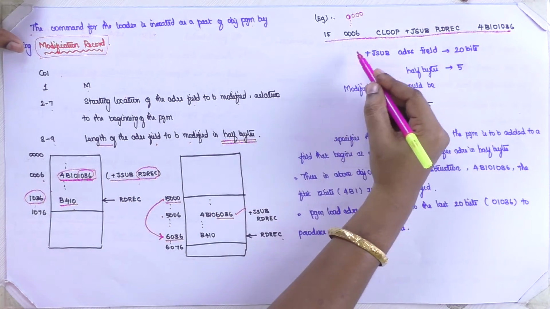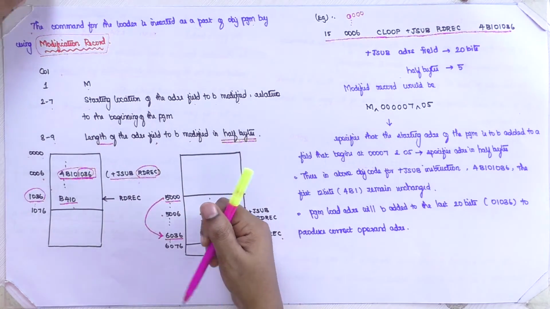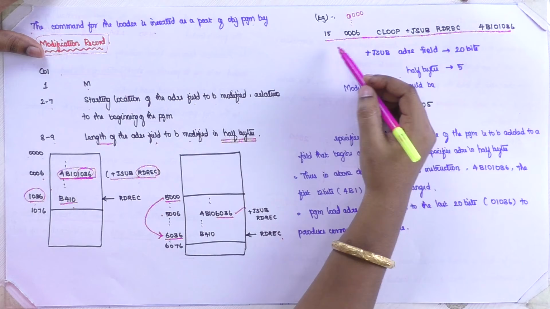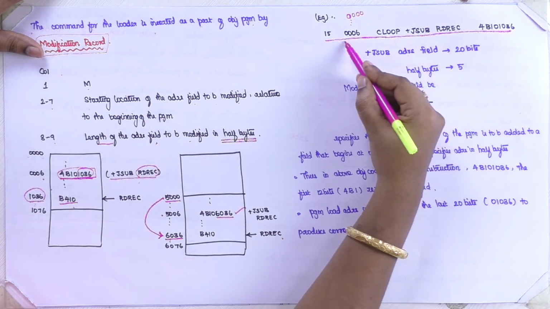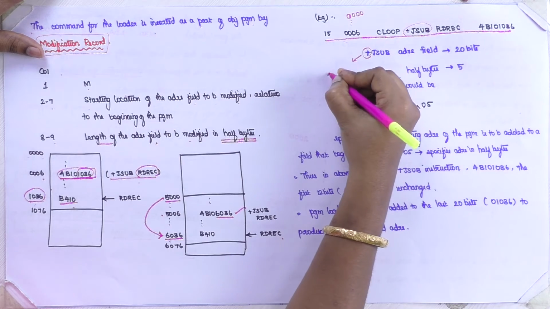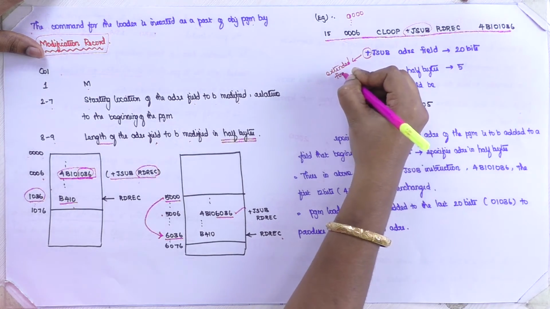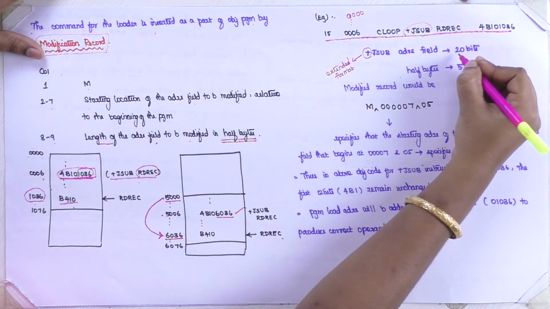Now let us consider the same example and how we have written our modification record. Plus JSUB: the plus means it is an extended format. For the extended format, the address field is 20 bits.